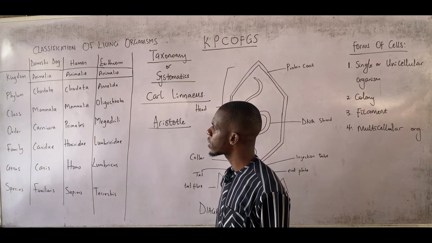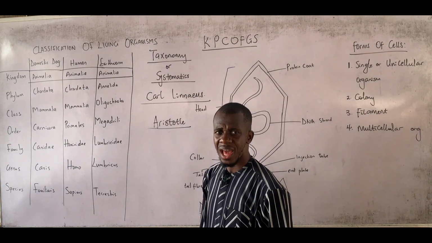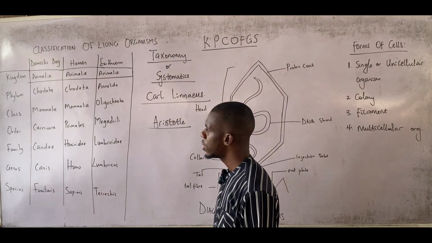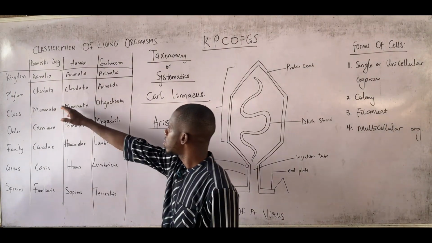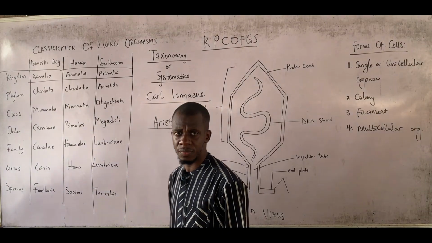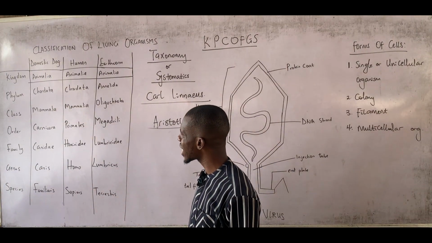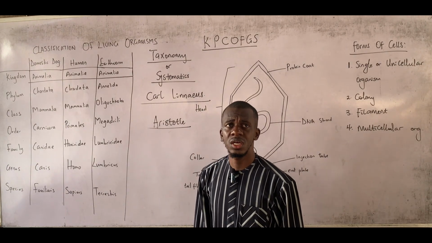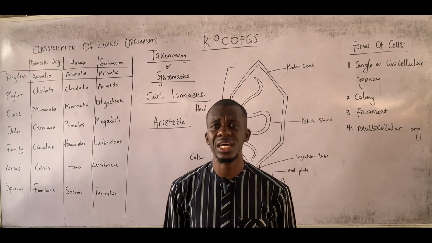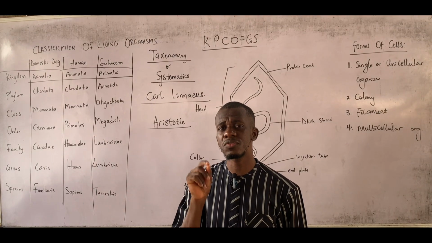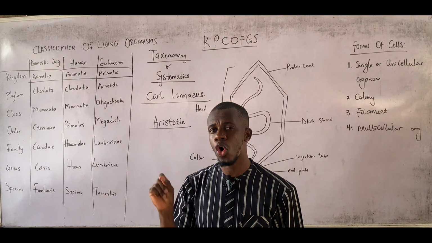Now, when we journey further, their phyla, where they belong, now differ. The domestic dog and humans belong to the same phylum, and that phylum is called Chordata. Okay. Now, the phylum Chordata includes animals that are characterized by the presence of something we call the notochord.